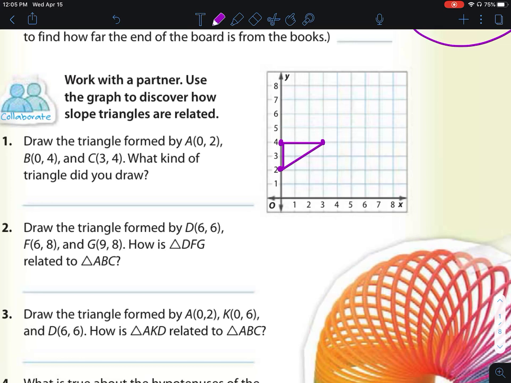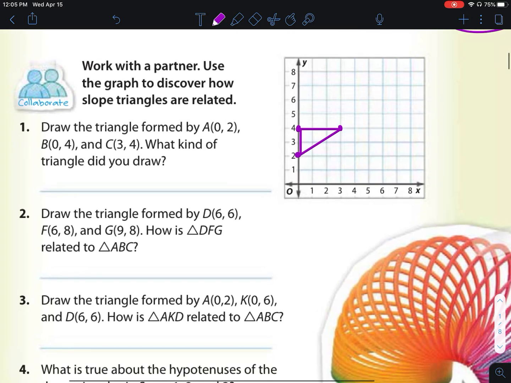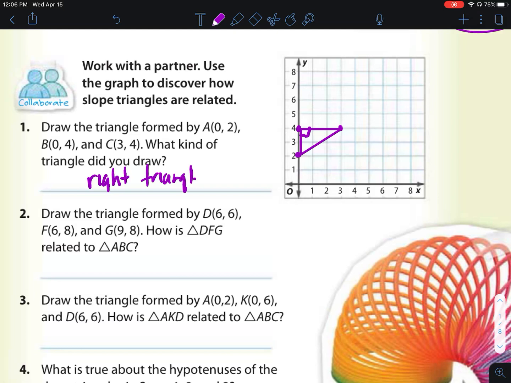Okay, let me redo the other line. So right there and right there. So what kind of triangle did we draw here? You can notice that this is a right triangle because of that right angle.